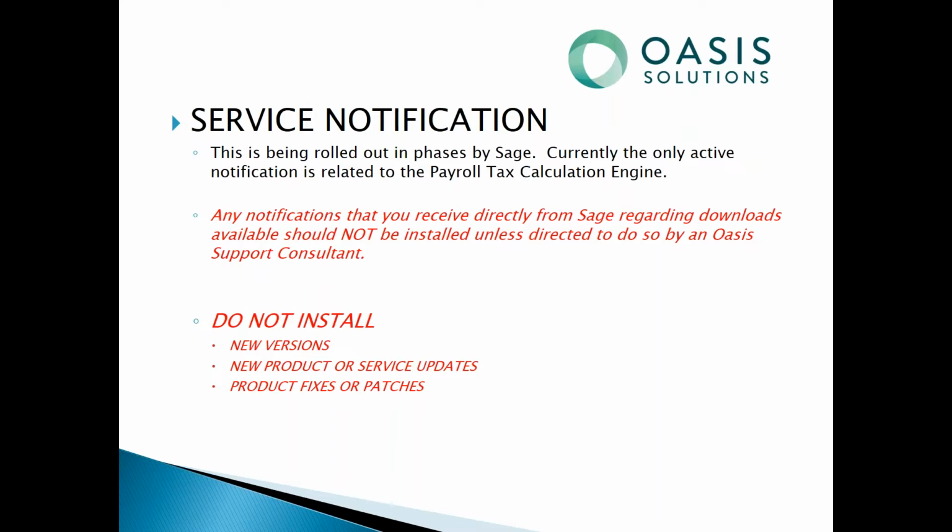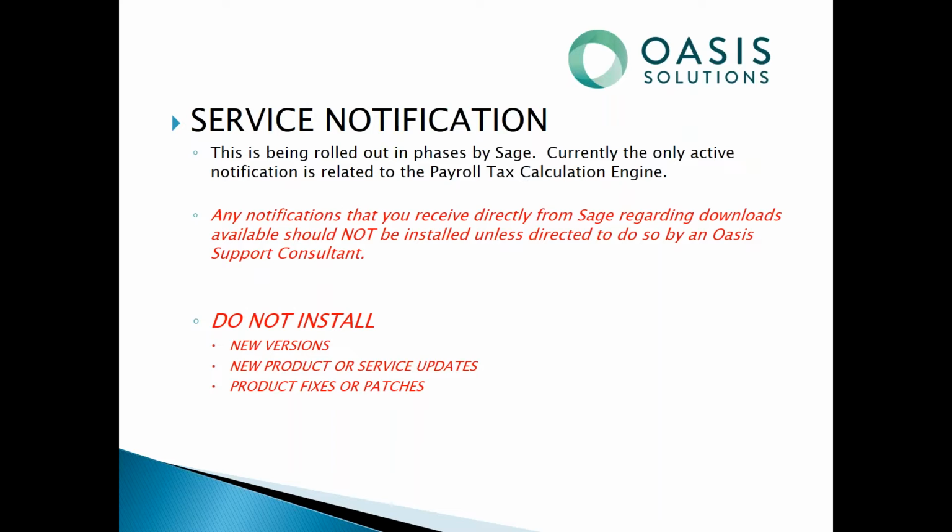But I do want to advise you that with the service notifications, what was previously known as Sage Advisor, anything that pops up on your screen asking do you want to download a new version, a product update, a service update, or patches or fixes, we always advise our clients, do not automatically install anything. Please check with us first.